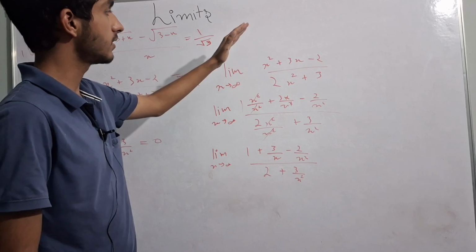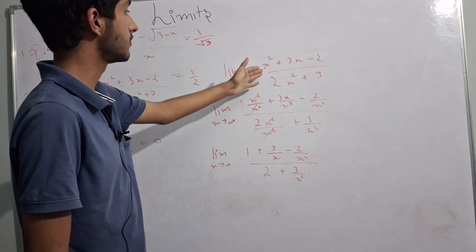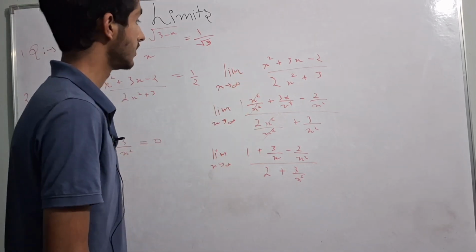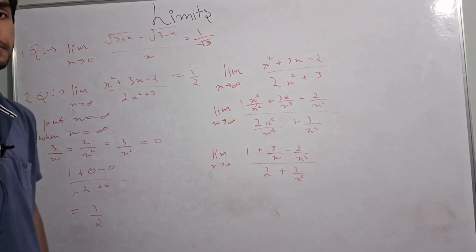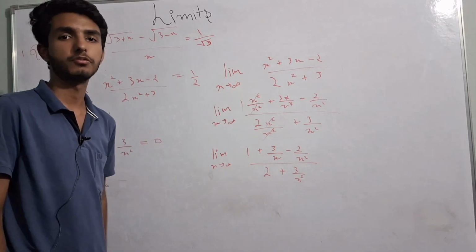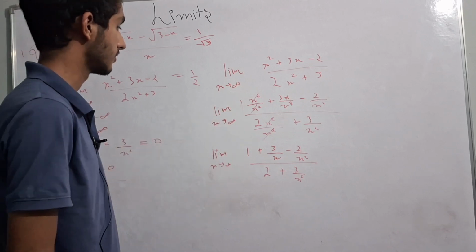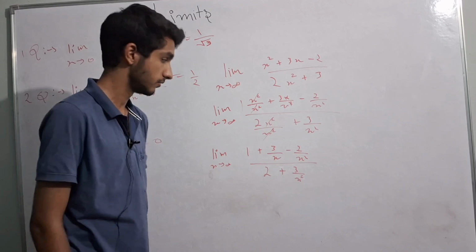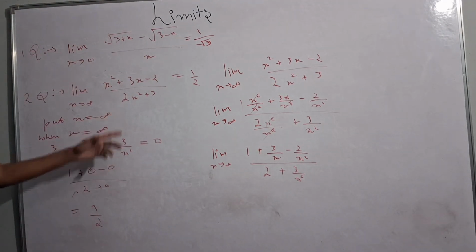We wanted to eliminate x square from each term, because if I had put the value of x as infinity, I would have gotten the infinity by infinity form, which is actually indeterminate. So what I did was, I knew that any number by infinity is equivalent to 0. So this turned into 1 by dividing by x square, and this turned into 2. And the rest, after putting the value of x is equal to infinity, I got 0. So here we have the value of this equal to 1 by 2.